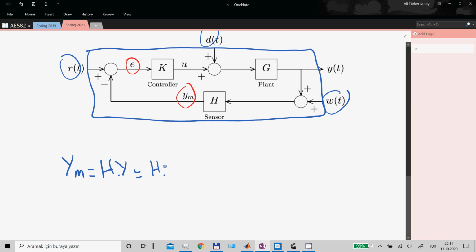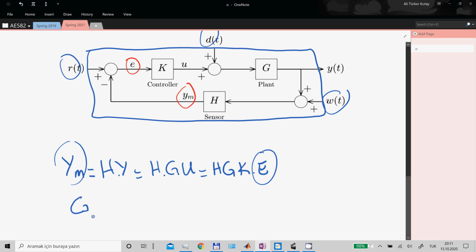Next I can write y as the transfer function g times the input to that block, which is u, because d is again assumed to be 0. And instead of u, I can write k times e. And there you go. Now we have the transfer function from e to ym.